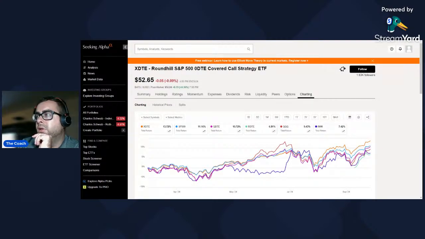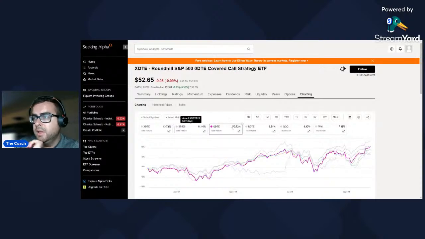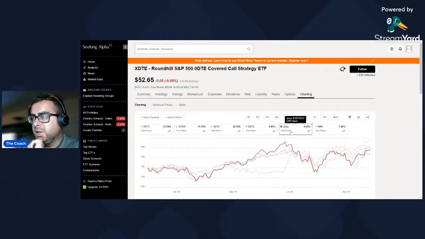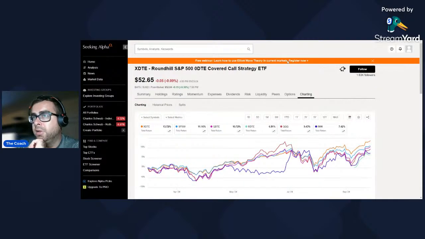So for S&P 500, XDTE, that is 13.72%. So it's actually outpacing. How about this? It's outpacing the S&P. So they're getting some alpha from the overnights, right? QDTE is also slightly outperforming its index as well. So is RDTE. All three are outperforming their index. So that's pretty phenomenal. Anyway, so that's the Roundhill update for today.